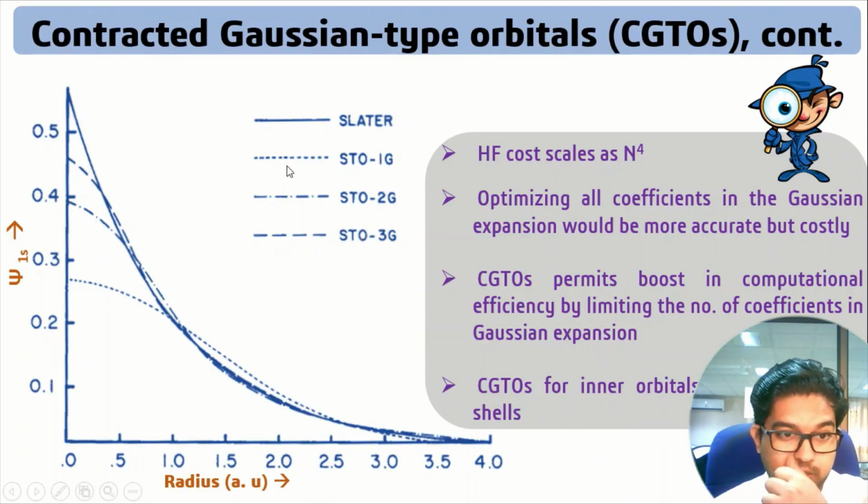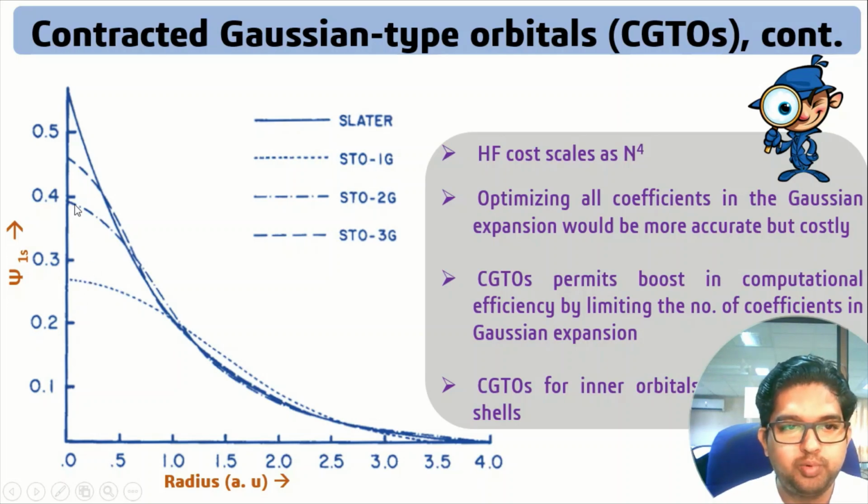Now, if we see the first one, this is the Slater type orbital. And this STO is not a Slater type orbital; don't be misled by this STO, like Slater type orbital. This is the contracted Gaussian type orbital.